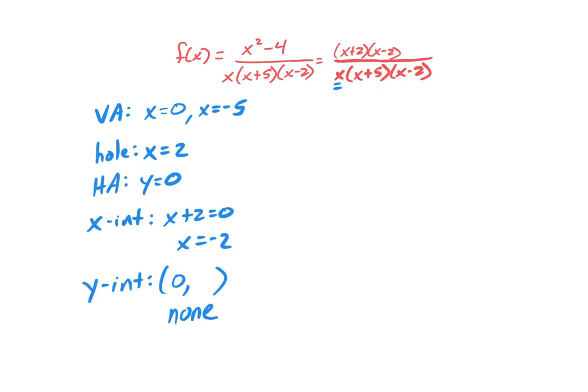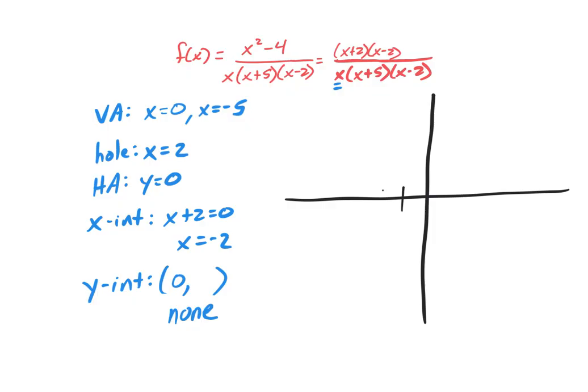All right, let's graph this, and then let's talk about all the different things that are going on here that make this a little bit different. All right, so let's start off with our vertical asymptotes. Okay, and right here, because we said it has a vertical asymptote at x equals 0, this line right here is your x equals 0 line.